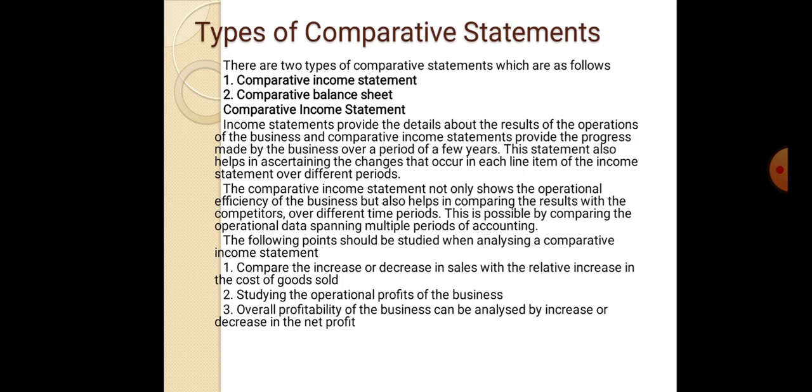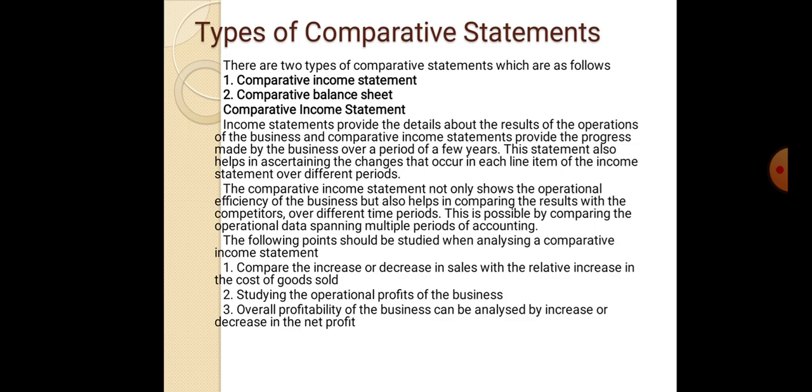So while doing the study, these points have to be analyzed in the comparative income statement. First one is compare the increase or decrease in sales with the relative increase in the cost of goods sold.